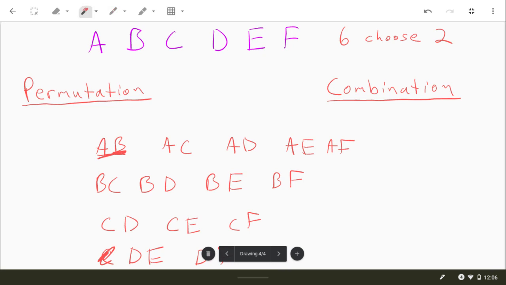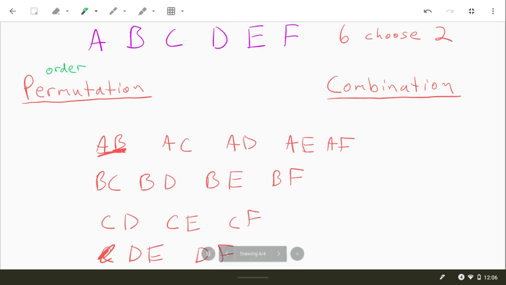For a permutation, the order does matter. All right. So I'm just going to call this ordered, and a combination would be non-ordered. All right. We don't care about the actual order that they come in. We just care what's in the group.